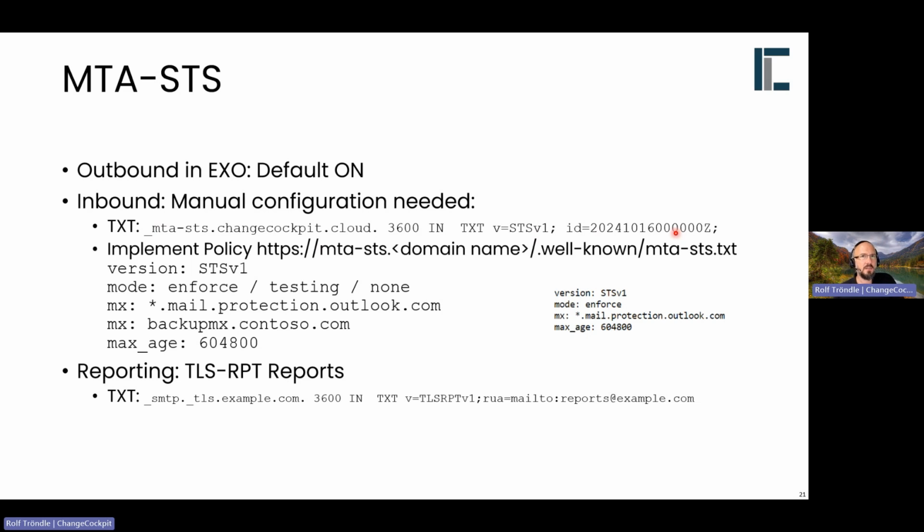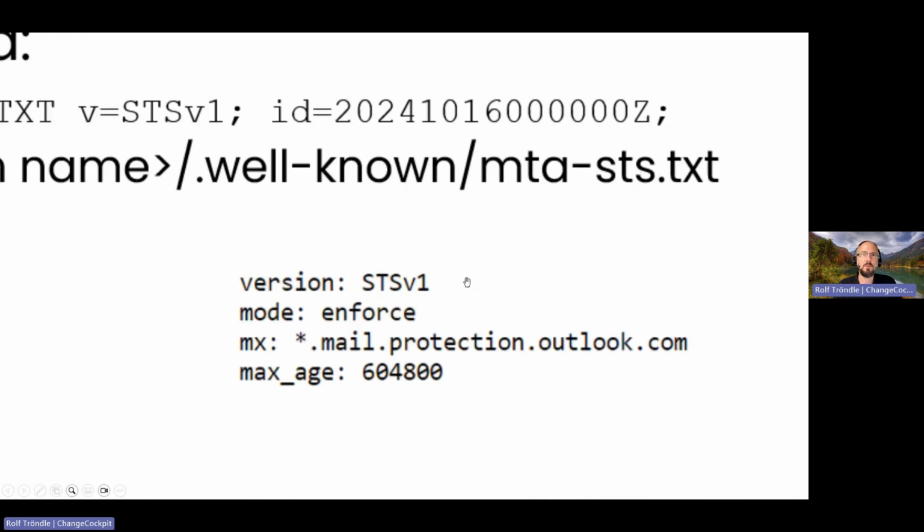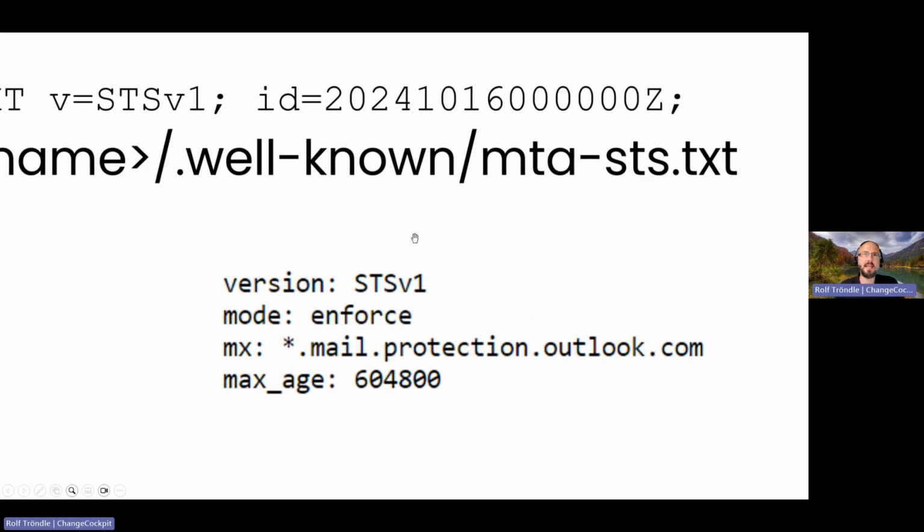But what's this policy file I'm talking about? Here we see the one for Microsoft. The policy file is a text file, and this text file contains version STSv1, mode equals enforce or testing, and the valid MX records you may use.